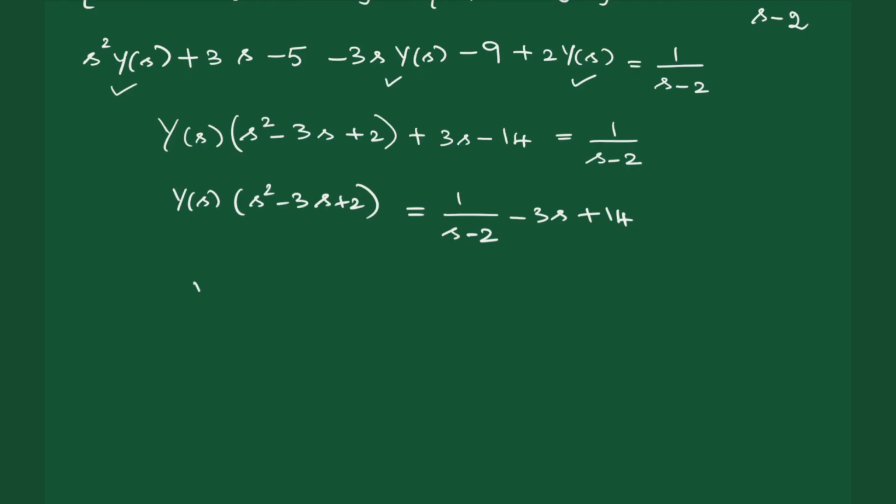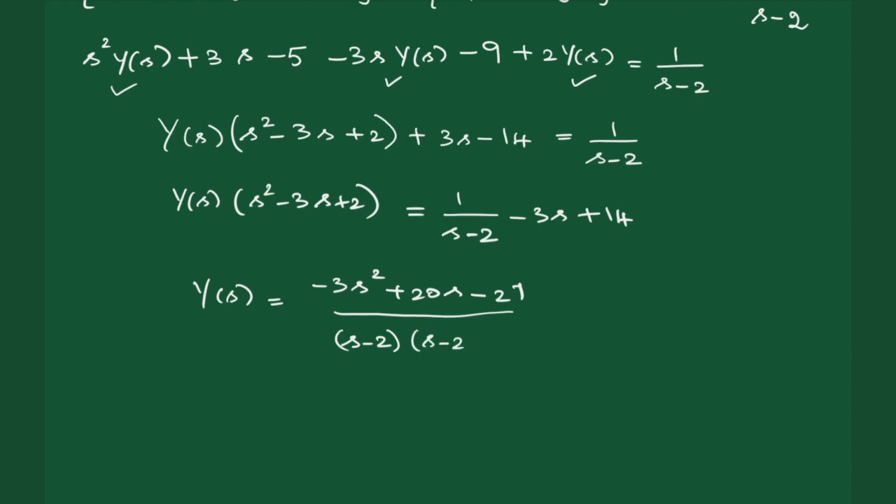So here finally what we will obtain, after simplification, is minus 3s square plus 20s minus 27 divided by, already here s minus 2 in the denominator, and then this also will come in the denominator.